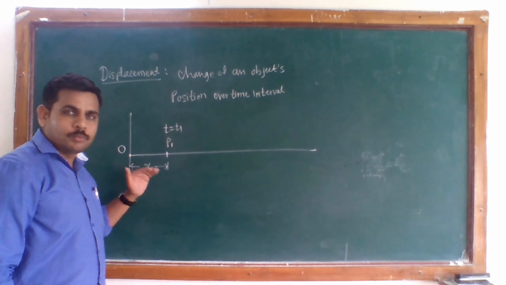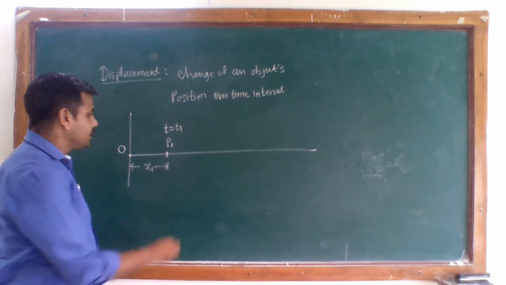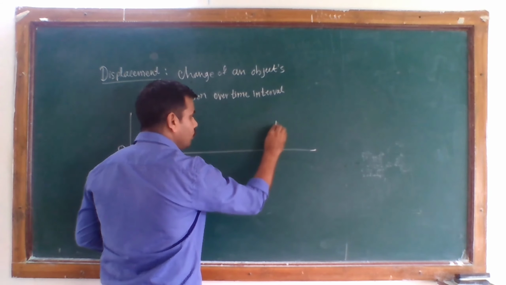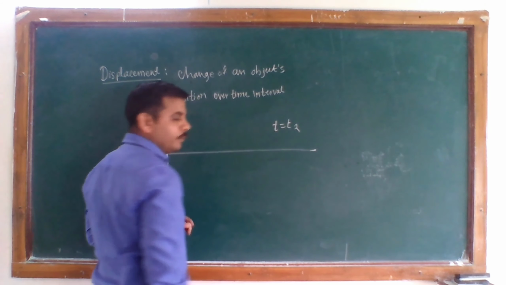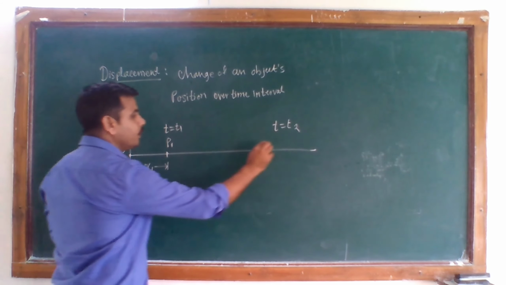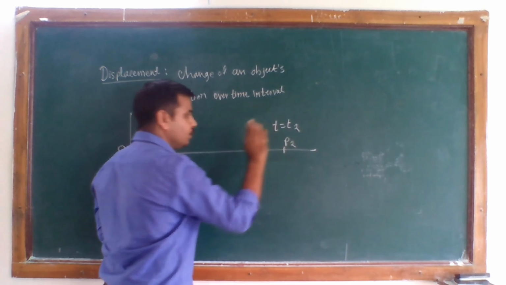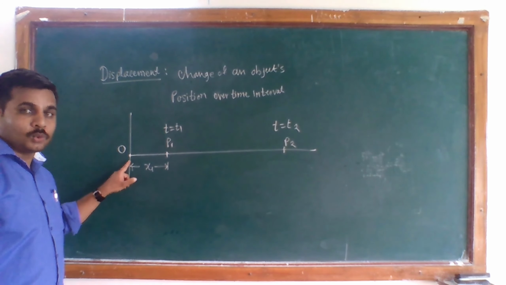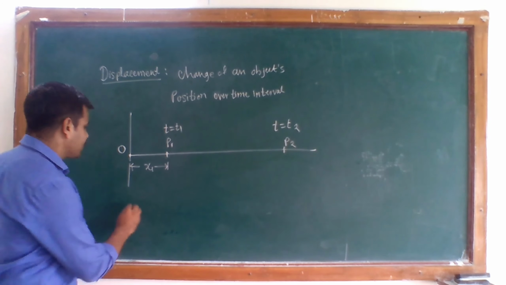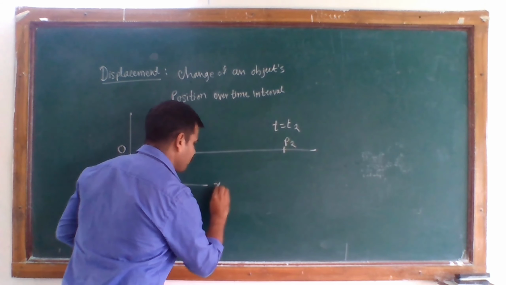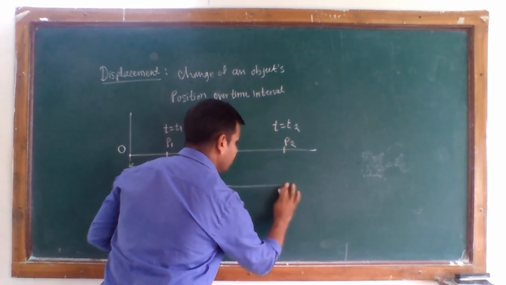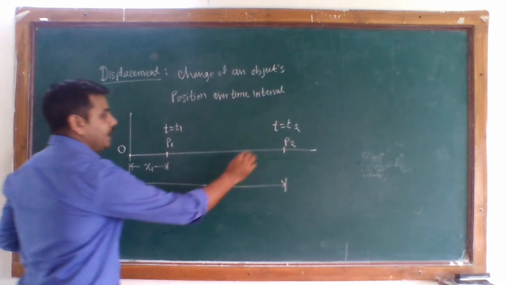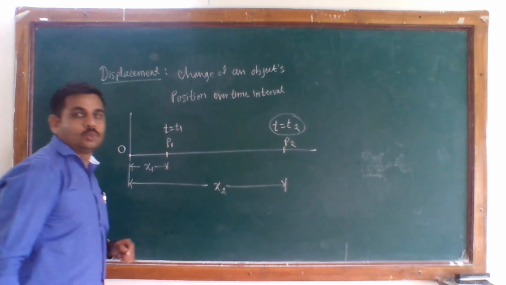Again, we move the car forward in the same direction for some time, until t equal to t2, which changes its position from P1 to P2. At this point, the car has changed its position from the origin to P2, with distance x2, and this change is observed at time t equal to t2.